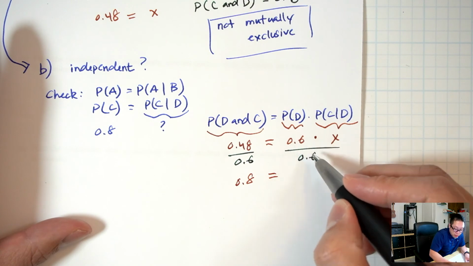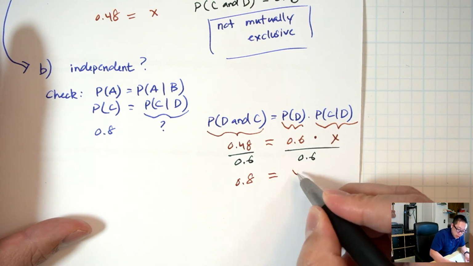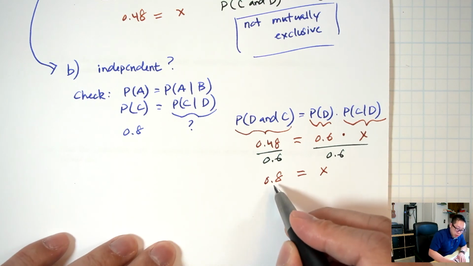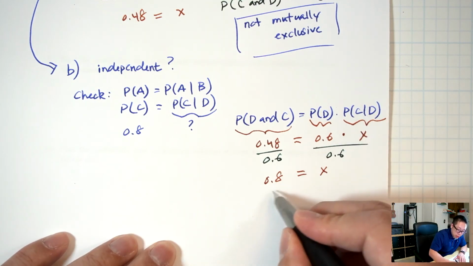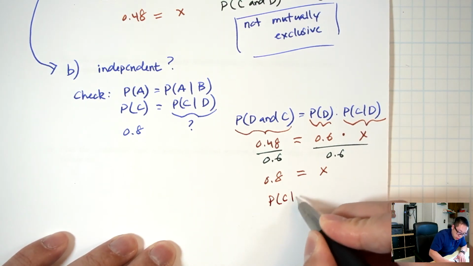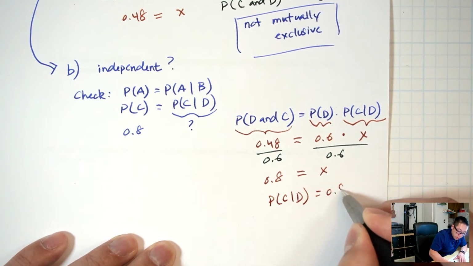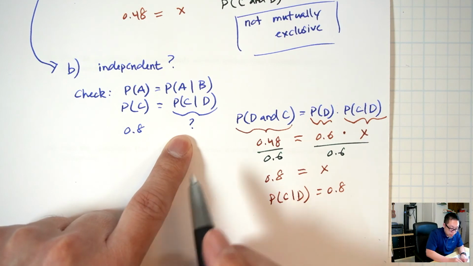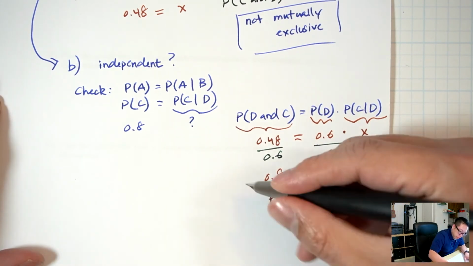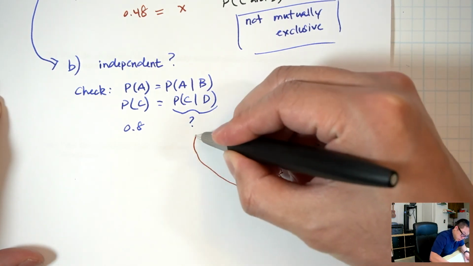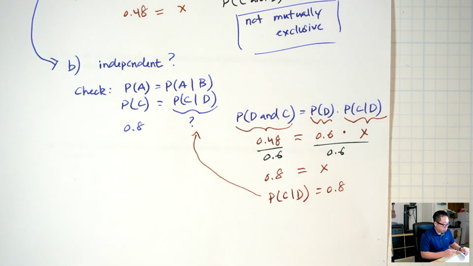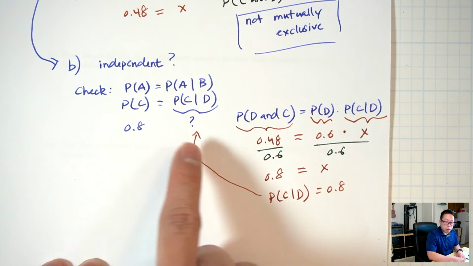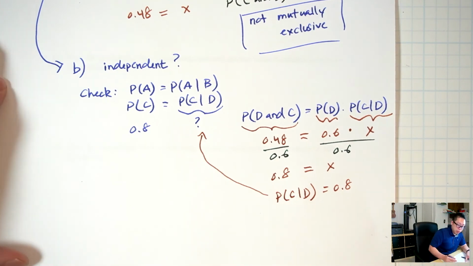Right side, 0.6 divided by 0.6 cancels out, and I have just an X. So X is by itself, and so that 0.8 was just probability of C given D is 0.8. So now I know that the right side is 0.8. And what's our conclusion? They are equal. Okay, so if they are equal, then our conclusion is that they are independent.